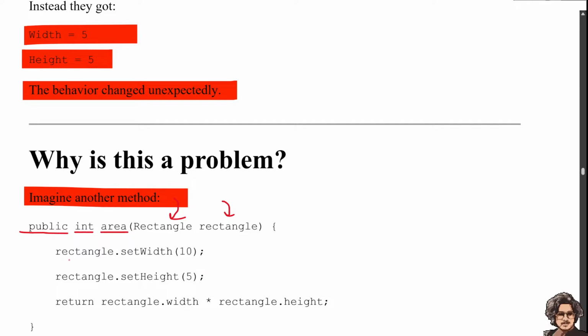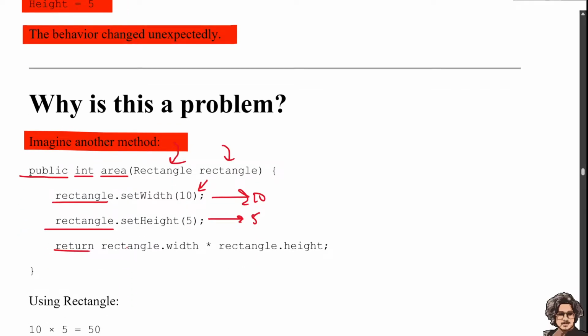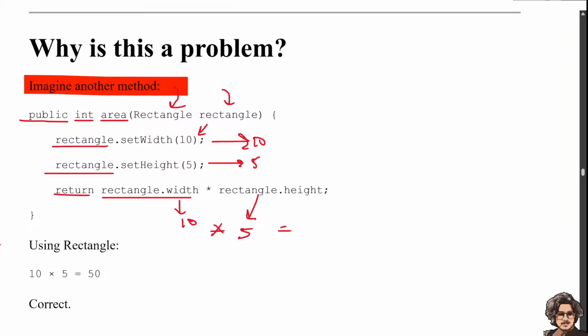Rectangle.setWidth is equal to 10, so the width becomes 10. Then I set the height to 5. Now I want to print the area. So return rectangle.width, where we extract the value 10, times rectangle.height, where we extract the value 5, so it becomes 50. So the answer is equal to 50.